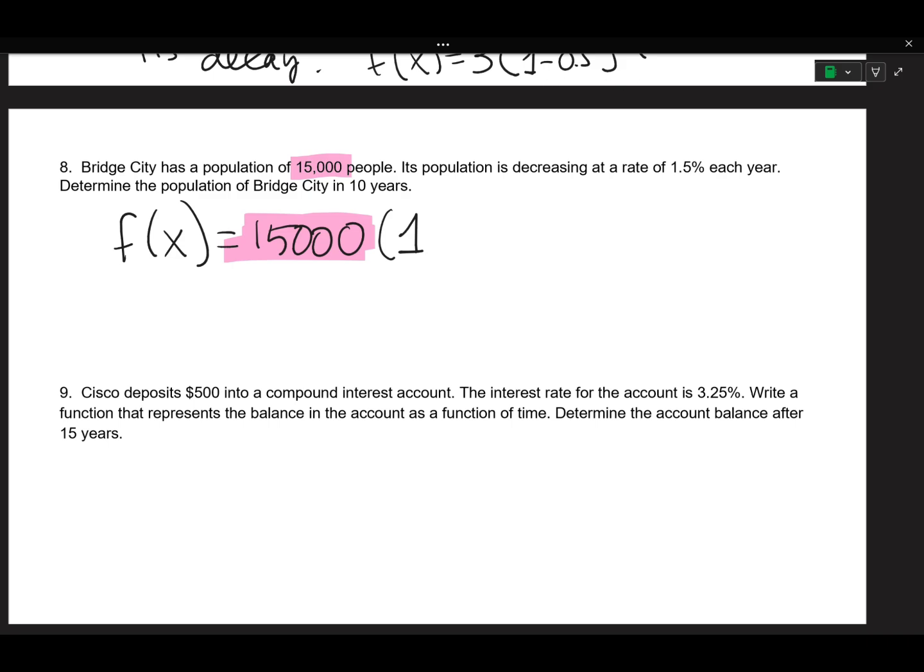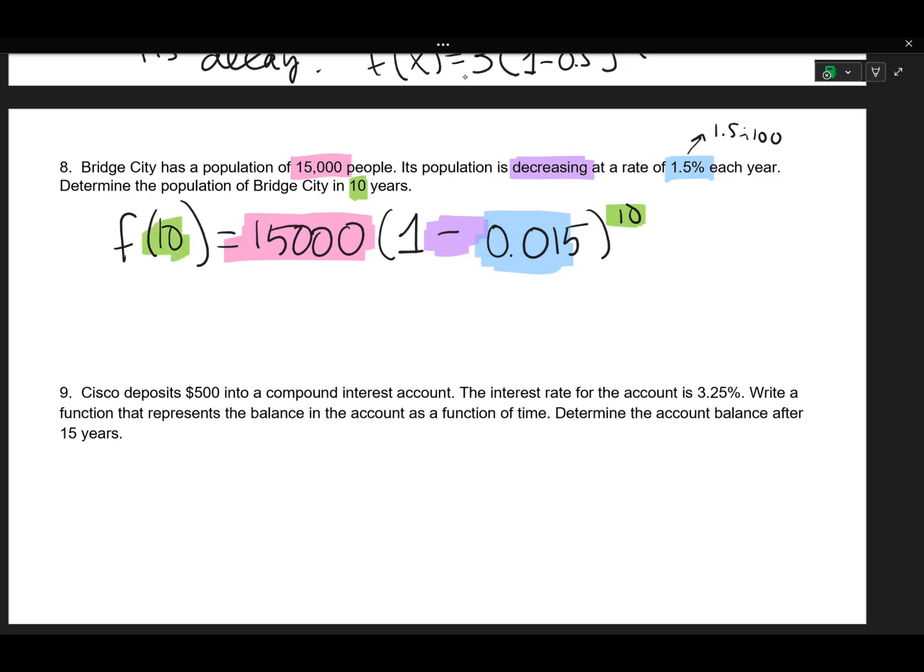We're going to have a minus because it's decreasing. And it's decreasing at a rate of 1.5% a year. In order to turn our percent into a decimal, we have to do 1.5 divided by 100. We get 0.015. I'm looking for the population in 10 years. So I'm going to put a 10 up here and in here.